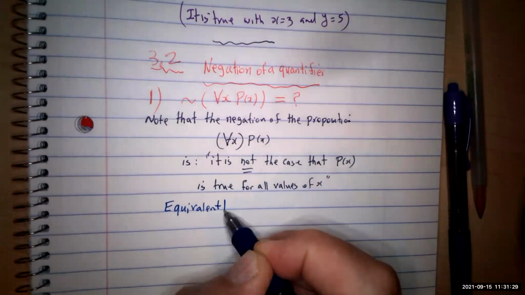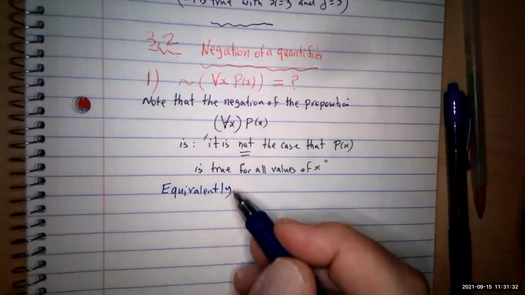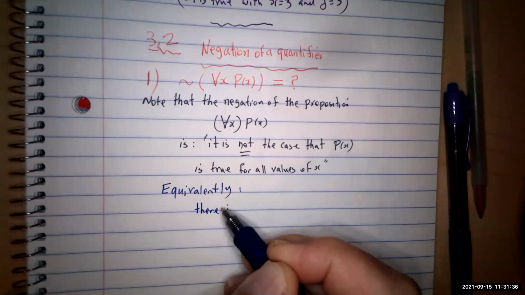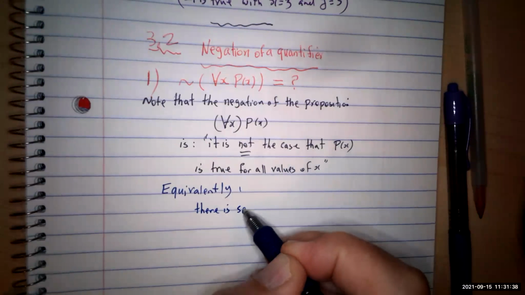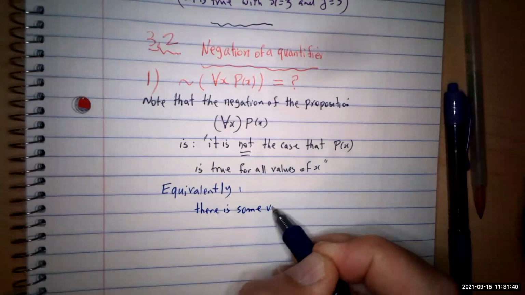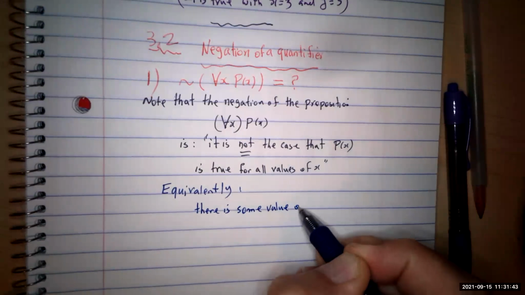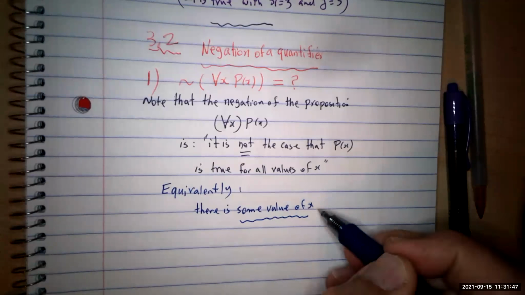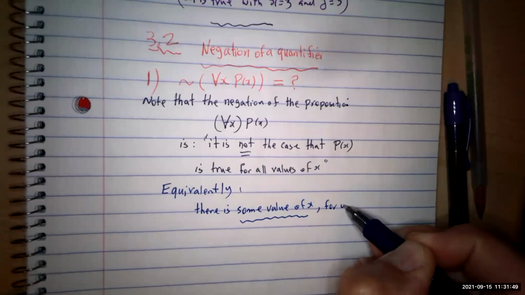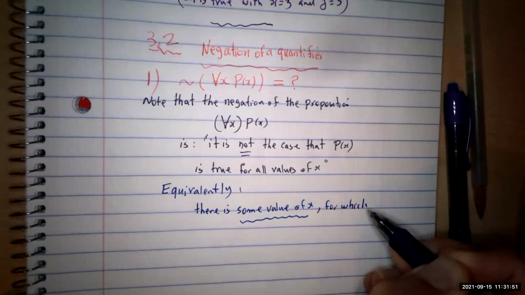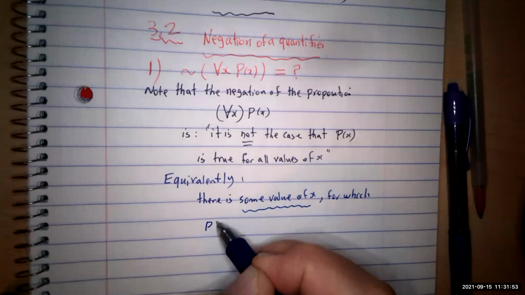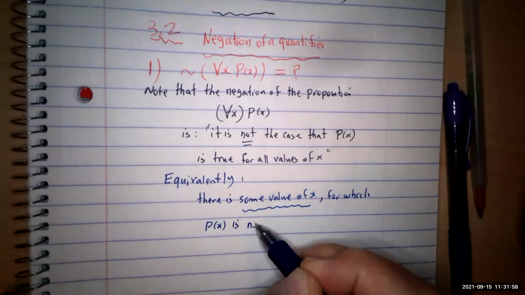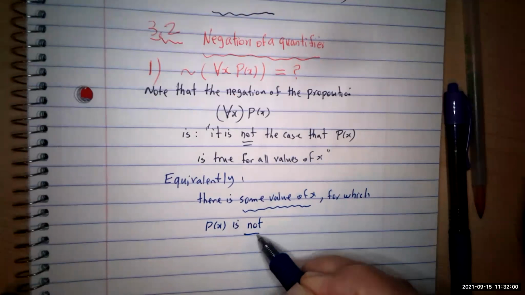Equivalently, this means there is some value of x for which P of x is not true.